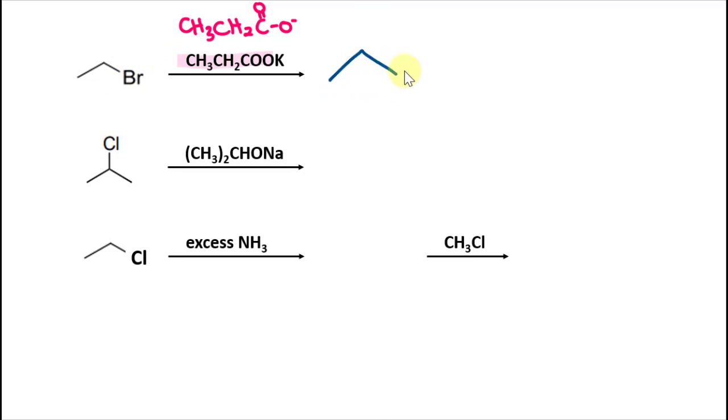Since we have Br originally, we are going to replace the Br with this oxygen. So we have O, and then next to it we have C double bond O, and then CH2 CH3.